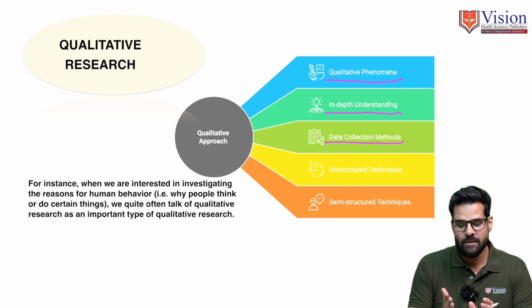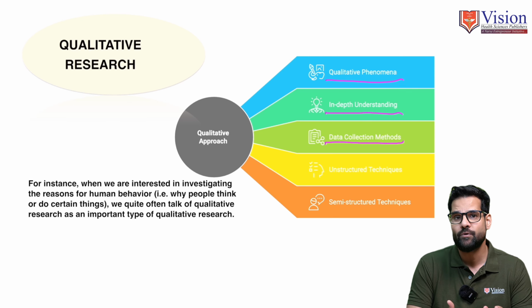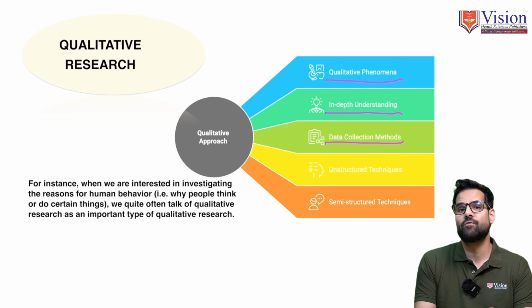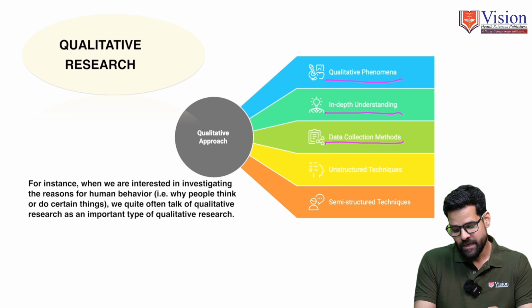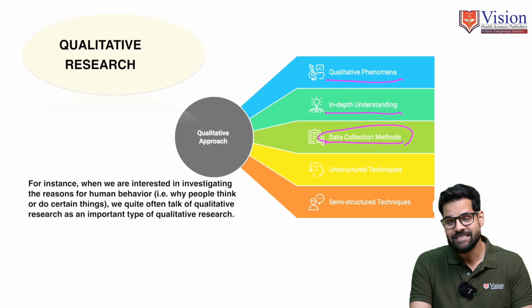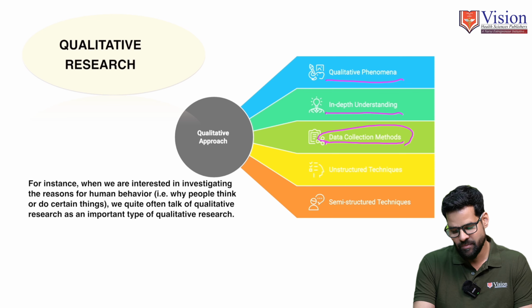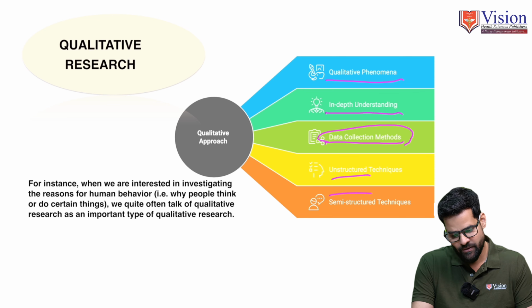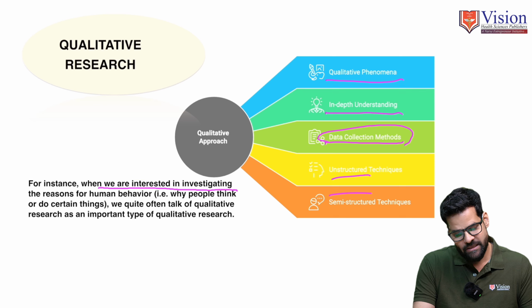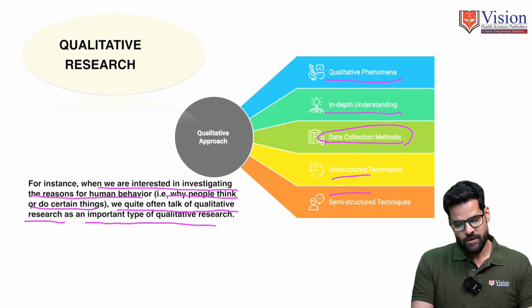So the planned duration of your interview, which you planned for 10 or 15 minutes, may last for an hour. So we use an unstructured or sometimes semi-structured data collection strategy. For instance, when we are interested in investigating the reasons for human behavior, why people think or do certain things, we quite often turn to qualitative research as an important type.